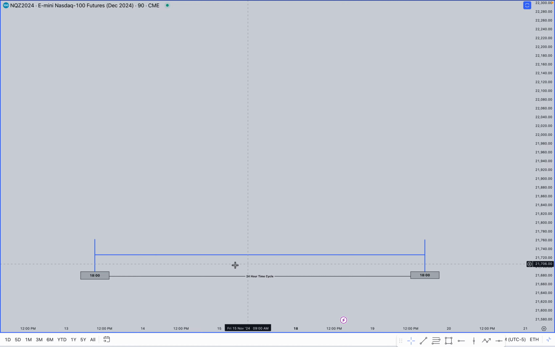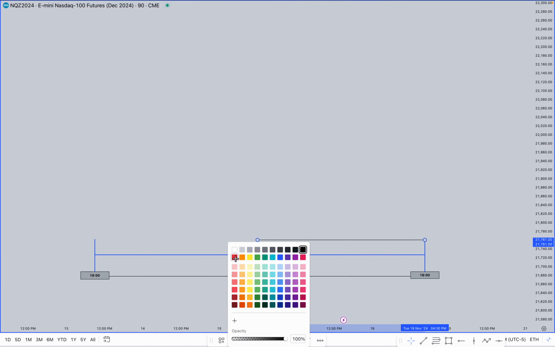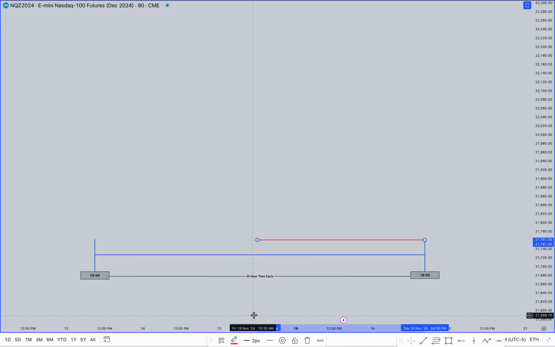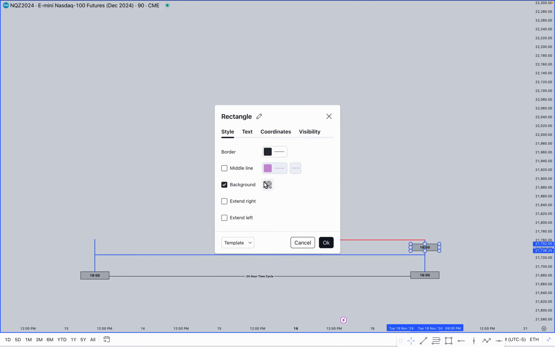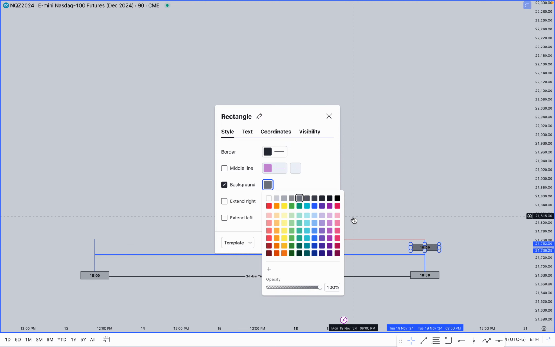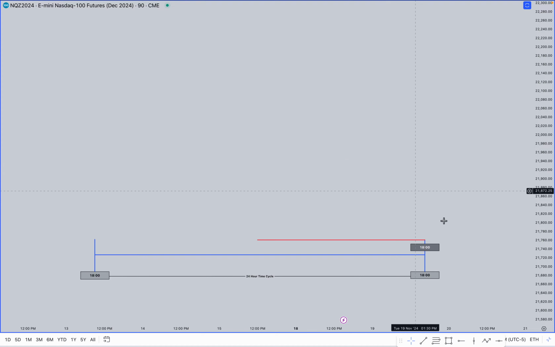Okay, so now if we cut this range in half, right, we'll get a range from here to approximately right there, right? Let's make this like this. Now, gonna make this color a bit solid. Then we'll make this white, right? And then copy this like this, right?